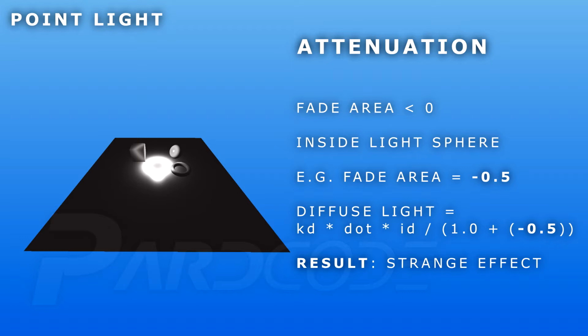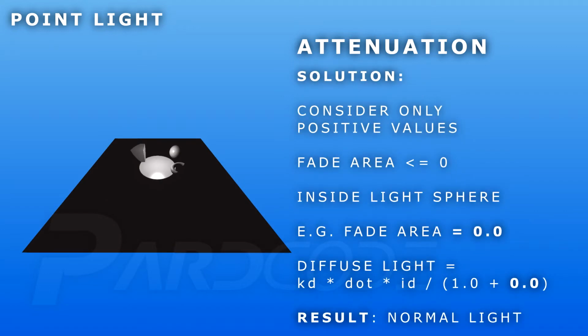That we will divide the diffuse lighting with a value that is less than 1, and so we will get a lighting brighter than normal, that is an undesired effect. For this reason, we will consider only the positive values. Indeed, if we now replace the fade area with 0, we will divide the diffuse lighting with 1, obtaining the correct lighting.